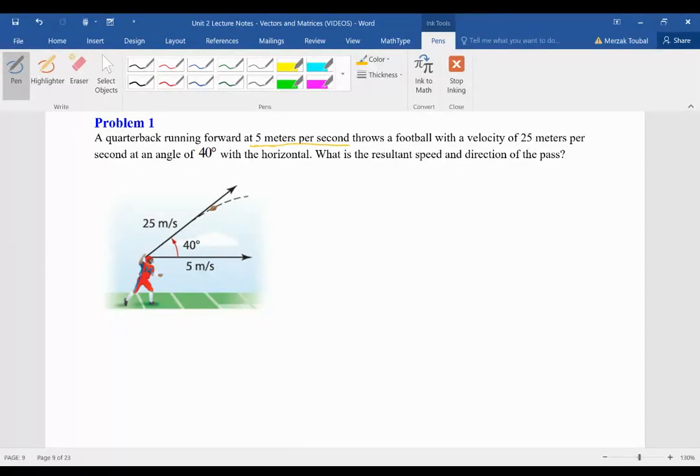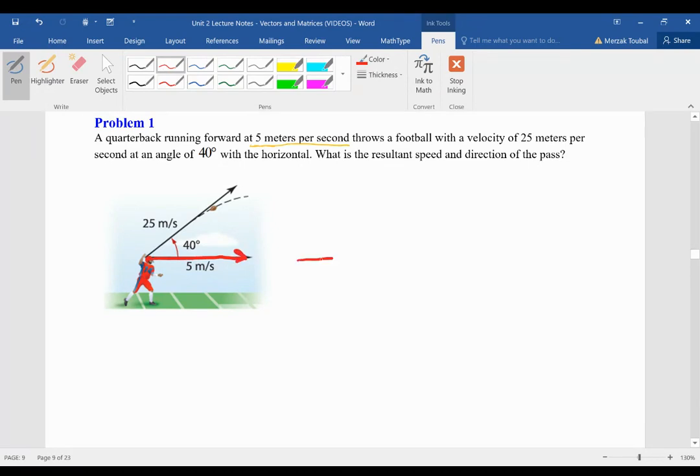We're going to break this down to make sure that everyone understands this. We're going to start with the velocity of the quarterback, the 5 meters per second, which would be this one over here.